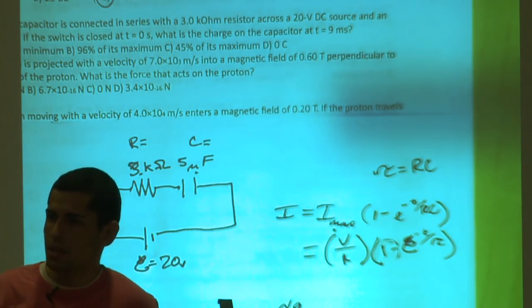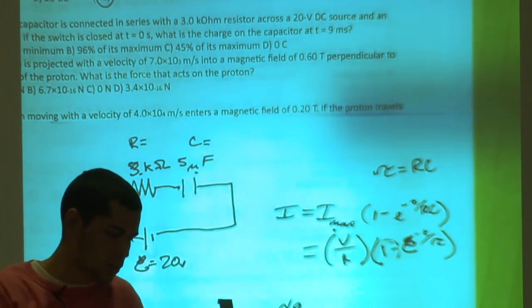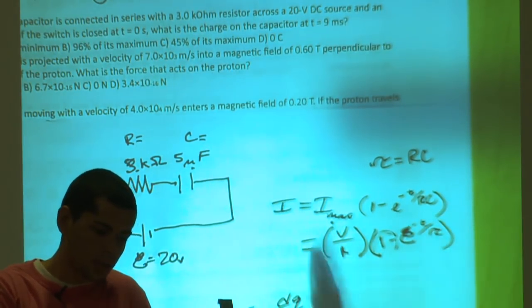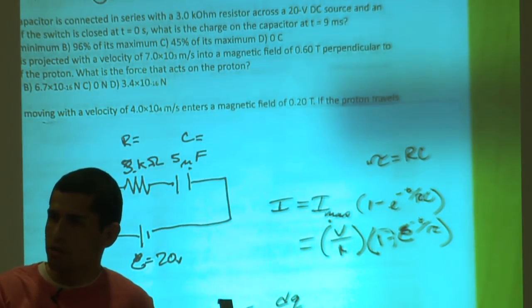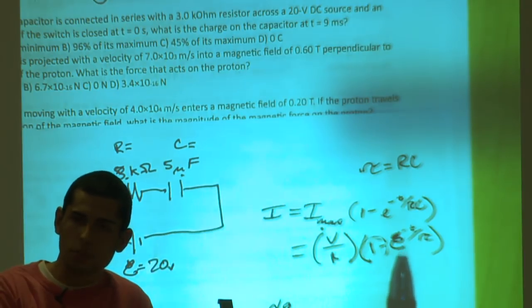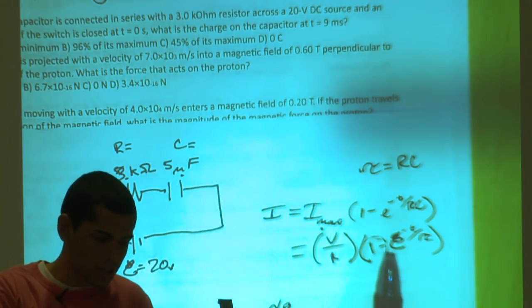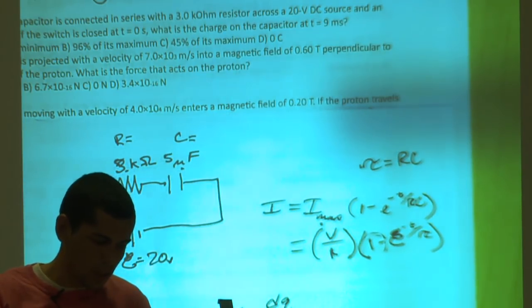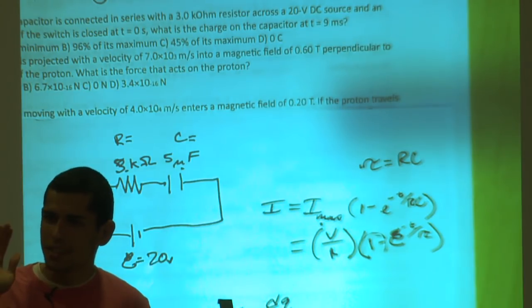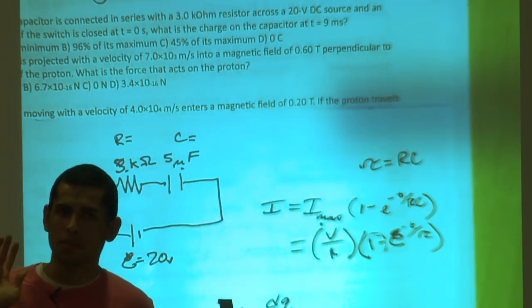So you're getting closer and closer to 1, so as time goes on, this total value will increase. Because if we increase t, e gets smaller. If e was large, we'd have a small number, but if e was small, then we'd have a big number. Does everyone see that?